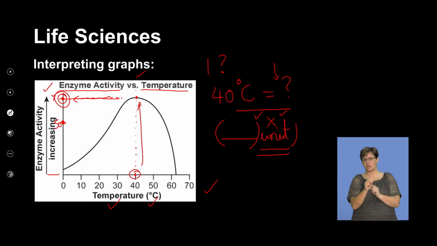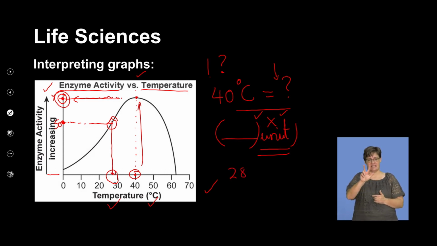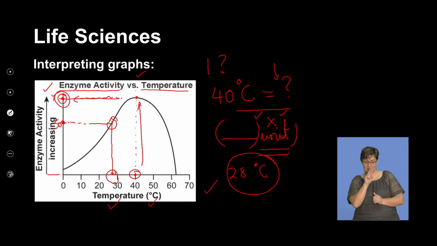So you've got to use a ruler, join the points, see where the first point intercepts, draw a vertical line down, record that value, and I'm going to use that as 28 degrees Celsius. And you would notice that in this case you've got two lines, so it occurs twice.